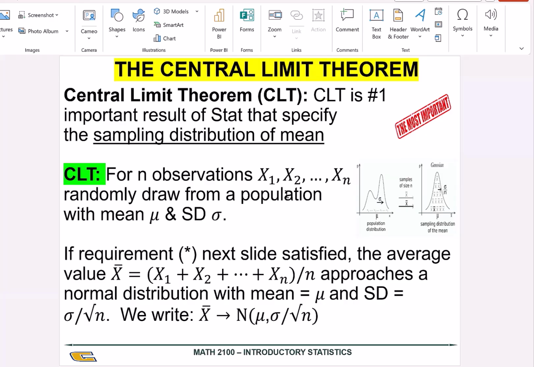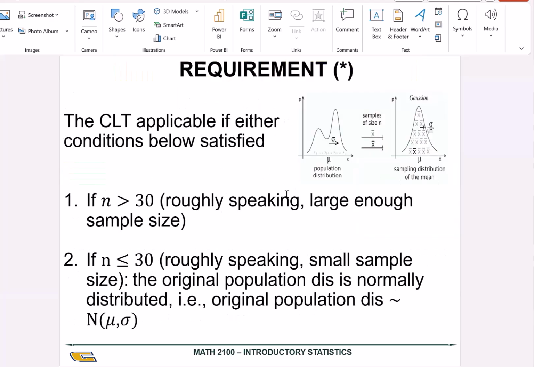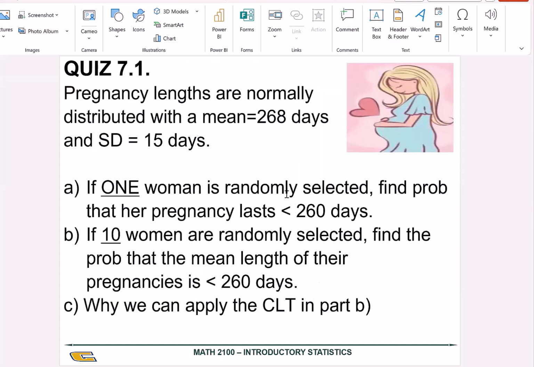The requirement is either n bigger than 30, which in our case is not satisfied because we only have 10, or if n is less than 30, the original data needs to be normally distributed. You can see this is already satisfied, because the pregnancy length is normally distributed. So the second condition is satisfied, which means you can safely apply the central limit theorem.